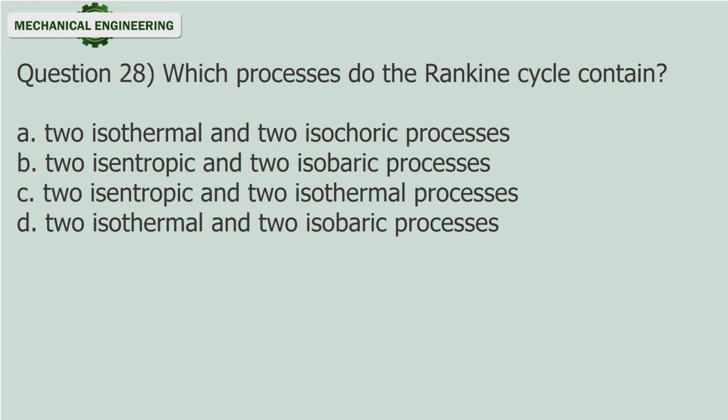Question 28. Which processes does the Rankine cycle contain? A. 2 isothermal and 2 isochoric processes. B. 2 isentropic and 2 isobaric processes. C. 2 isentropic and 2 isothermal processes. D. 2 isothermal and 2 isobaric processes.